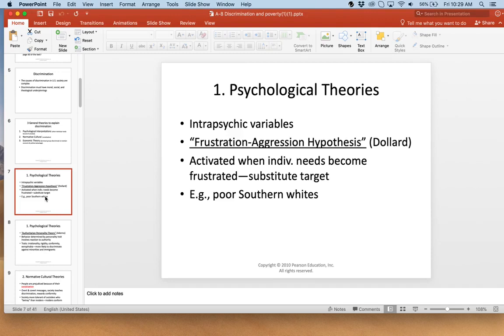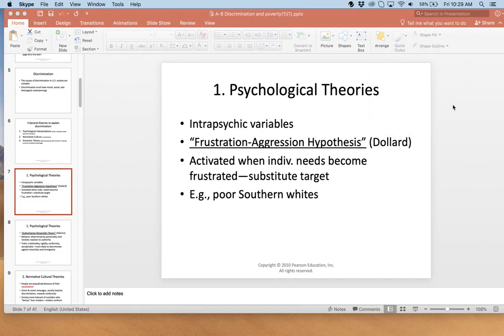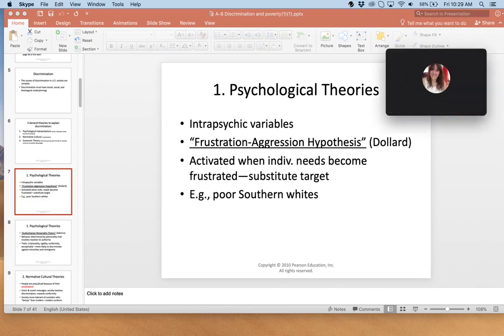And if the needs of one population are not met, they often blame another subpopulation. The book gives the example of the poor southern whites. But today we can actually give the example of perhaps immigrants, where today we are discussing immigration and that immigrants are coming here and are taking our jobs.